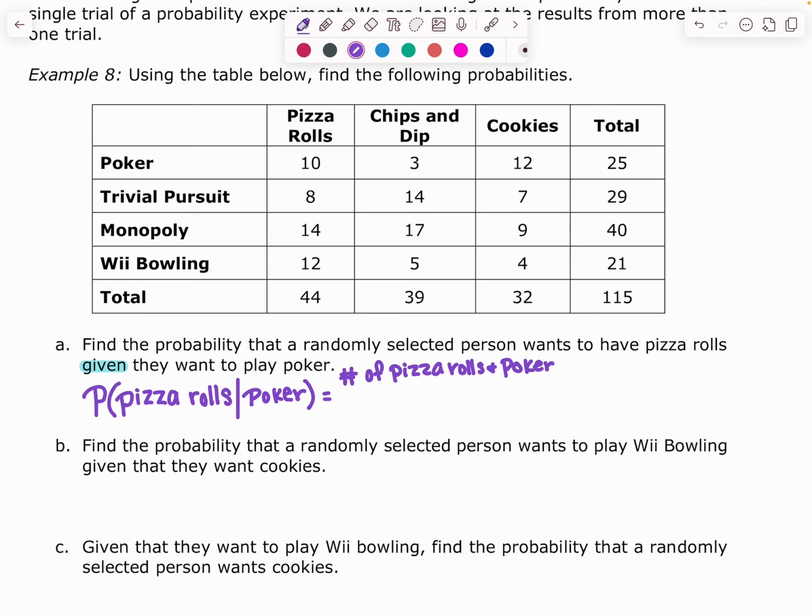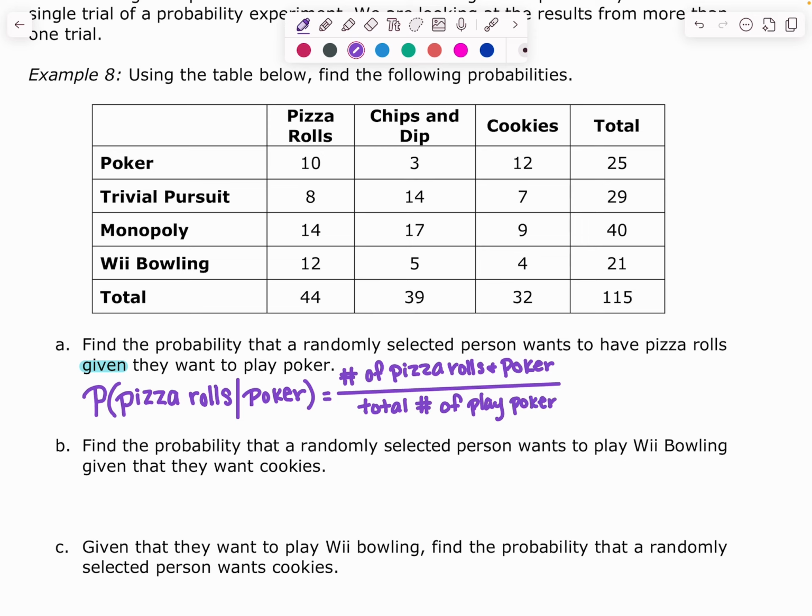So the top piece is going to be the overlap of pizza rolls and poker. And then the bottom is going to be the total of whatever I have been given. So given they wanted to play poker, the bottom is going to be the total number of people that wanted to play poker.